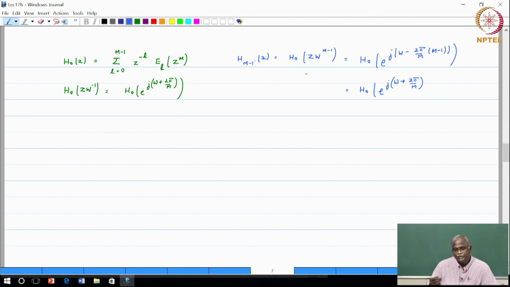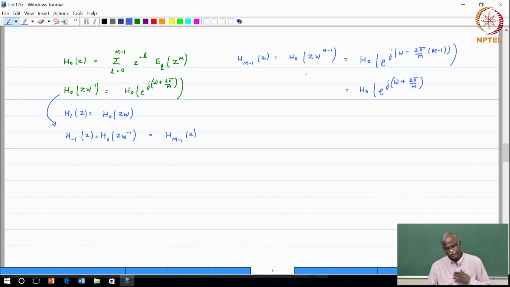If you follow the convention that we were using, the power of W becomes the subscript for the filter, so this would correspond to H of minus 1, which is H naught of ZW inverse. This is nothing but H of M minus 1 of Z as per the original representation.